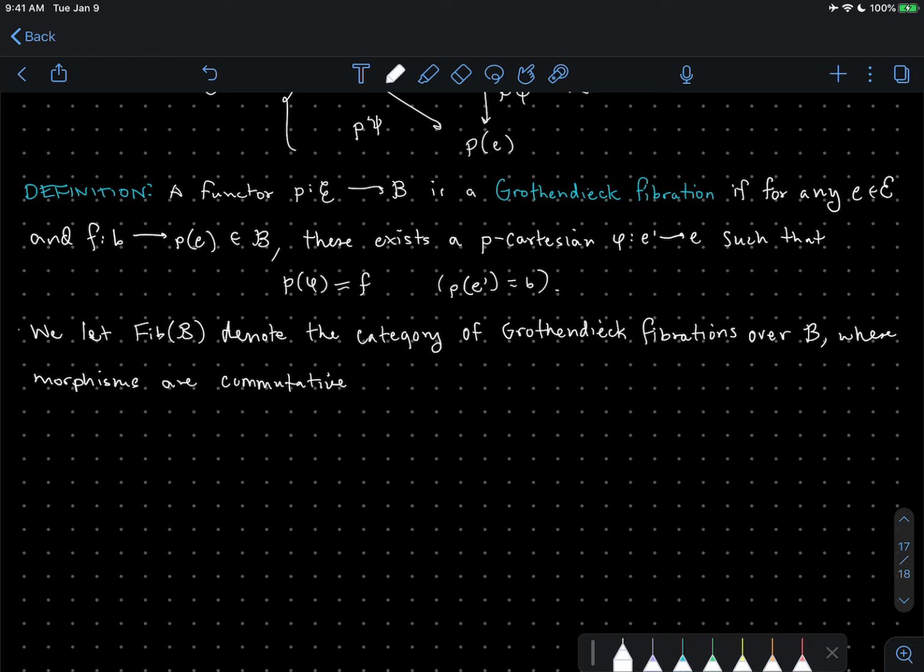They're commutative triangles lying over B, so E mapping to E prime via F. These both lie over B via their structure maps. They are commutative triangles such that F takes P-Cartesian edges, P-Cartesian maps, to P-prime Cartesian ones.